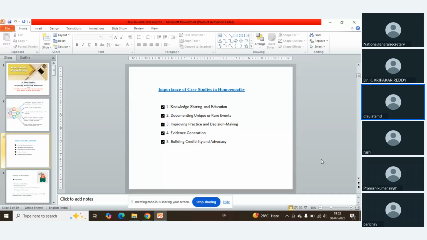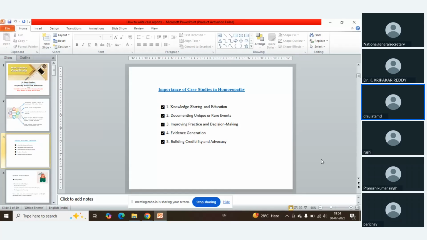For knowledge sharing and education, there is documenting unique and rare events in homeopathy, the recording of rare presentations, innovative solutions and unusual outcomes. It provides insight into individualized treatment, as homeopathy provides, and patient responses. It also highlights lesser known remedies and valuable clinical experiences as evidence, and it improves practice and the decision making process because it forms a bridge between clinical practice and research.